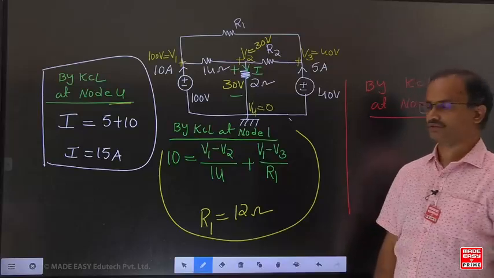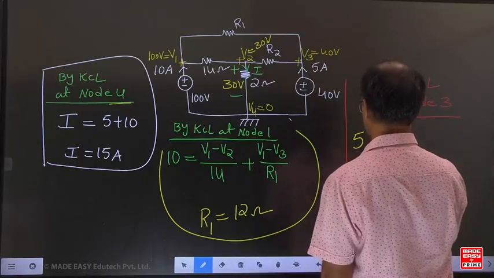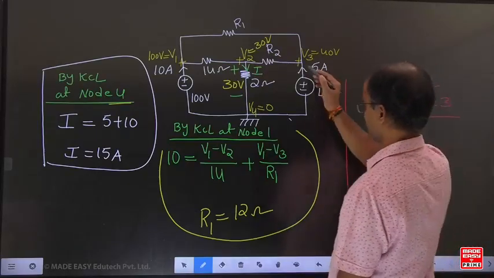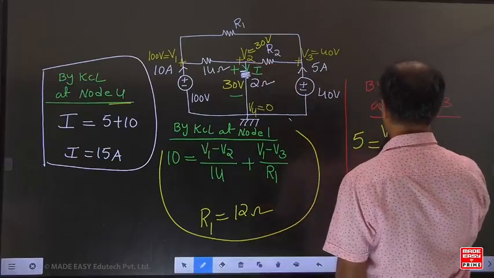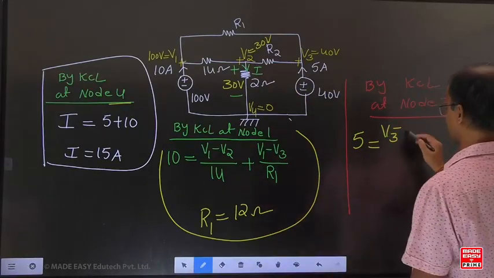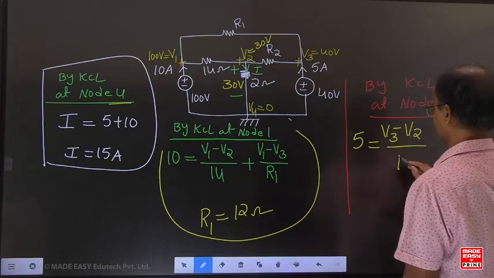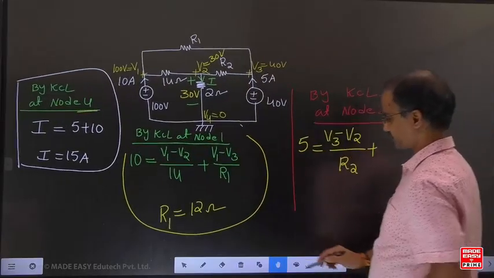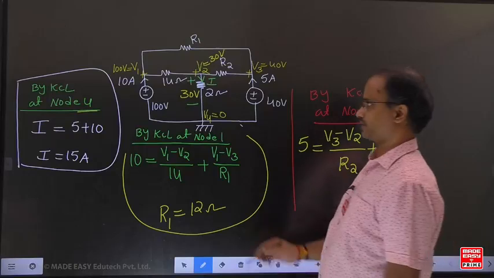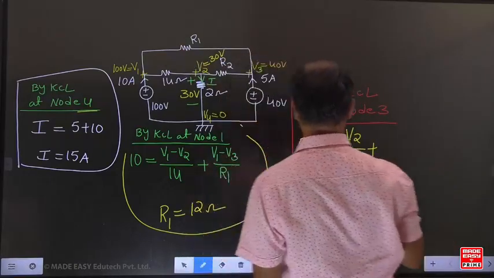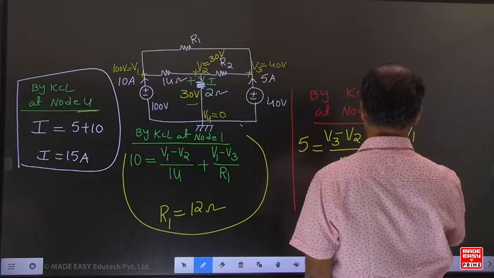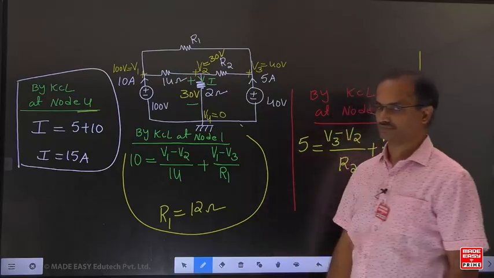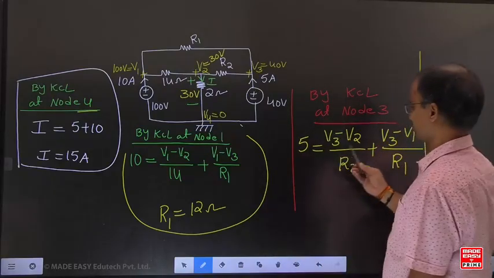By KCL at node 3: for node 3, 5 is the incoming current. Here plus, plus, similar polarity subtraction. Always the assumption is the node voltage is greater when compared to all other voltages. V3 minus V2 by the resistance, which is R2. Here the assumption is the node voltage is greater. Now current goes from higher potential to lower potential: V3 minus V1 by the resistance R1.